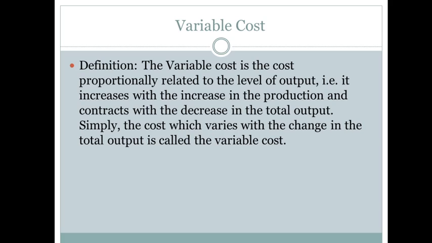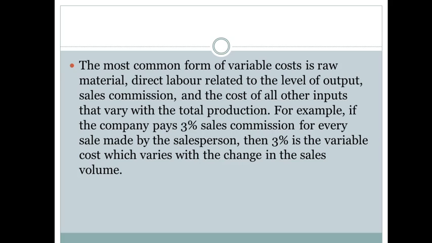The name itself tells: variable means which changes, which varies. So variable cost means those costs which change along with the output. The most common forms of variable cost are raw material, direct labor related to the level of output, sales commission, and the cost of all other inputs that vary with the total production.